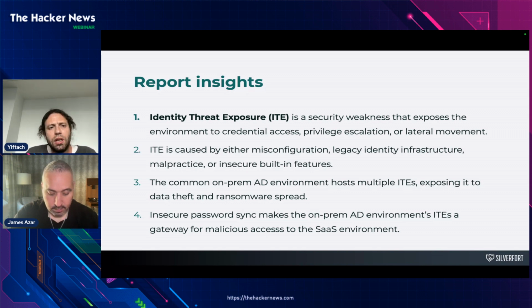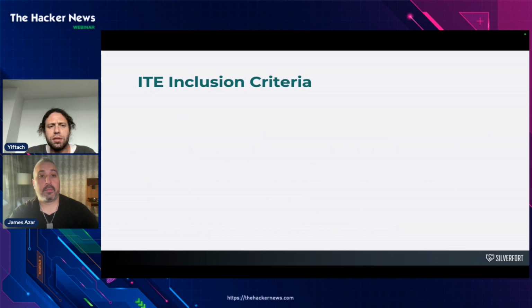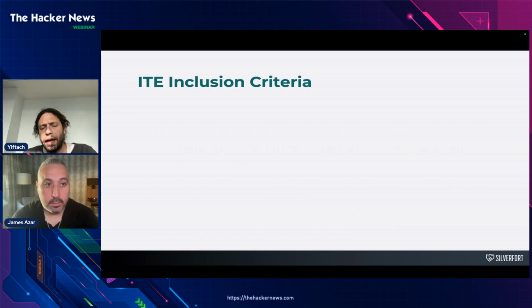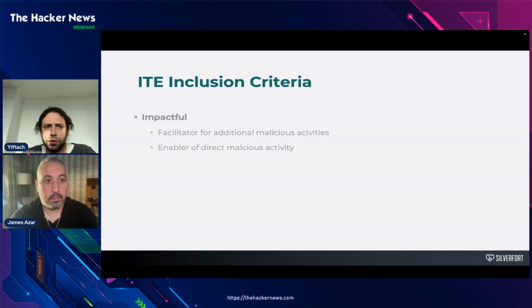So these are the key insights that we got from the report. Let's talk about these ITEs in more detail. As you can imagine, there are tons of ITEs, but within the report we had a very strict inclusion criteria. The first one was we need the ITE to be impactful.